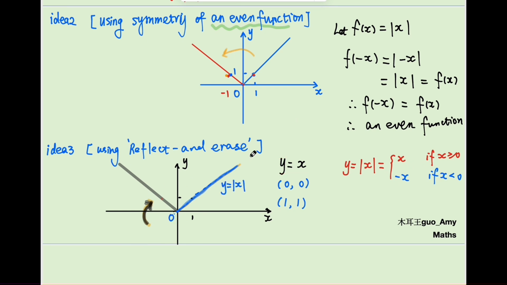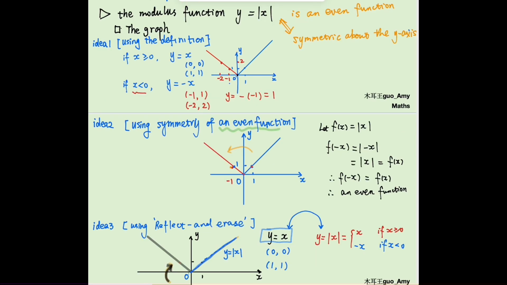The third idea mainly focuses on the relationship between the original function and the modulus function. These are the three ideas we used to obtain the graph of the modulus function. Based on the graph, we know the modulus function, the domain is the set of all real numbers. We can write as negative infinity to positive infinity.